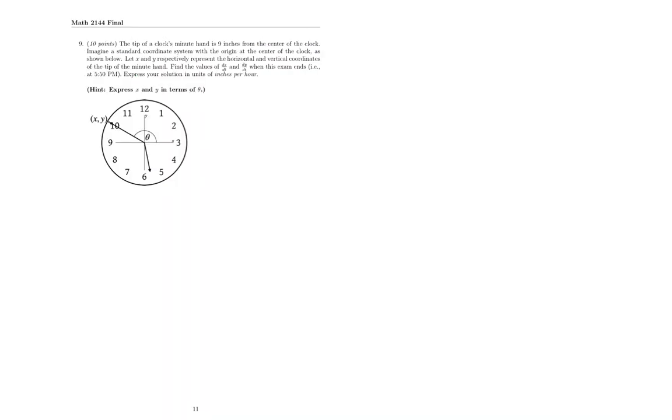Okay, so the first thing we want to think about is, so we have the clock's minute hand is 9 inches from the center. X and y represent the horizontal and vertical coordinates of the tip of the minute hand. Find the values of dx dt and dy dt when the exam ends. So let's think first of all about, okay, the clock is moving that way.